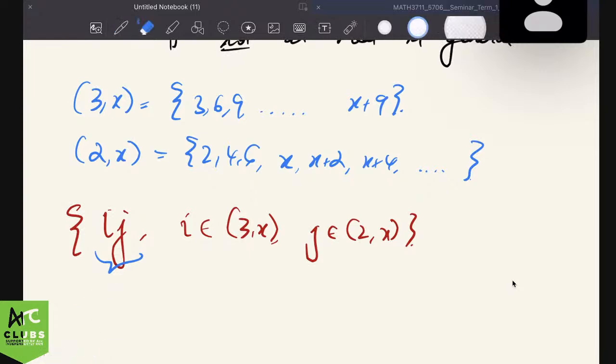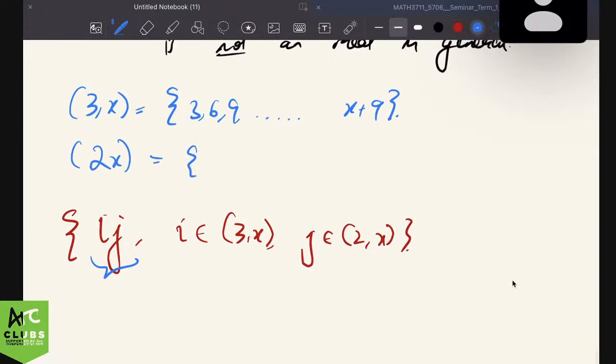Actually, we might do another set, maybe like (2x), and this will be 2x, 4x, 6x, 8x, and so on. But you want to keep on experimenting with ideals and basically show that if you multiply these two together, then you won't get an ideal, okay?